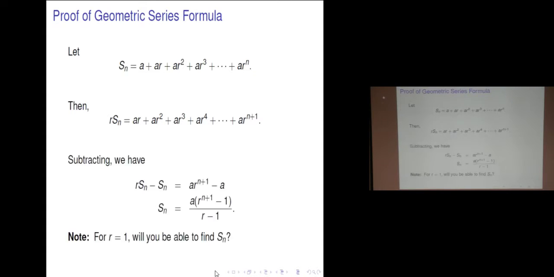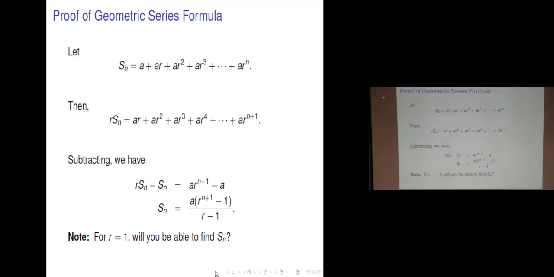And then you subtract. You can imagine you multiply the first equation by minus 1, then add it to the second one. So imagine we add a minus sign on the first equation, then add to the second equation. What do we have? The left-hand side is rSn minus Sn, because you minus this term, minus Sn. Now here, lots of terms are cancelled, right?